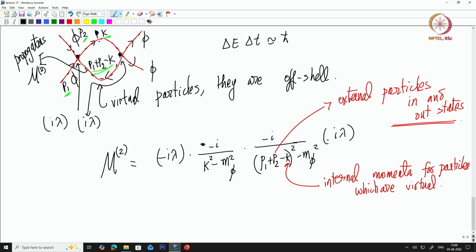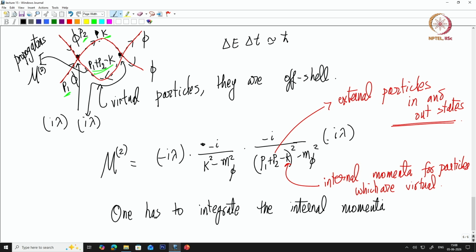So in principle when you calculate this amplitude, and when you do the calculation of the cross section, one has to integrate over the internal momenta from minus infinity to plus infinity.